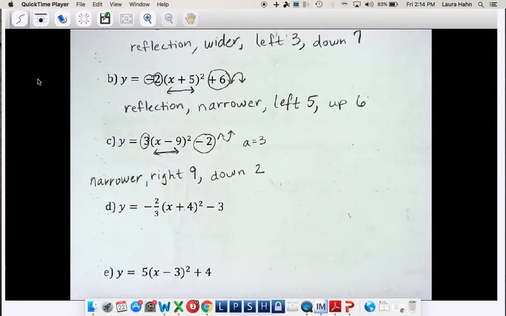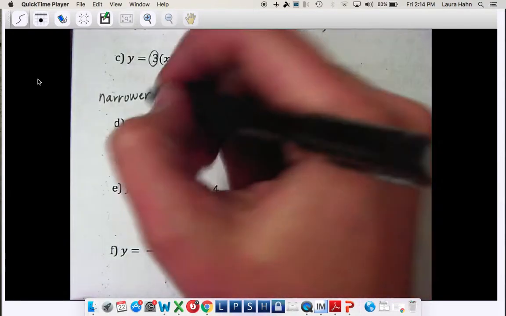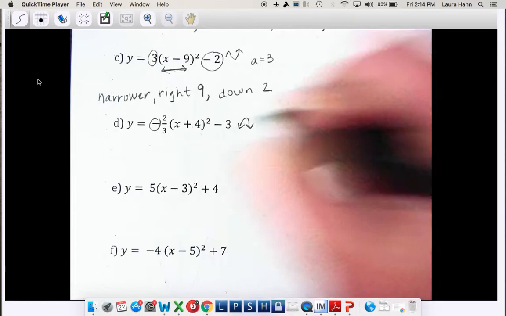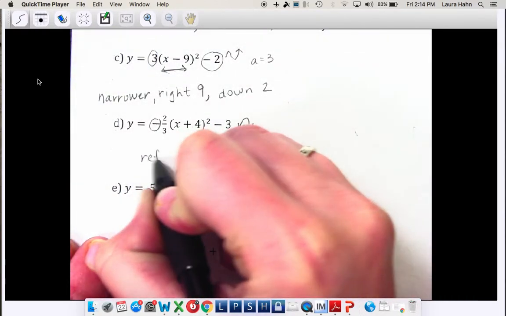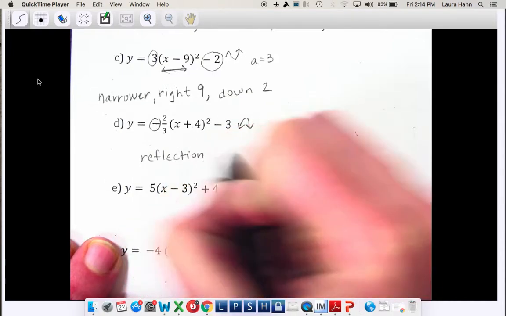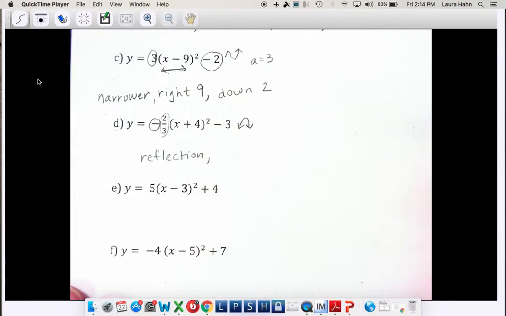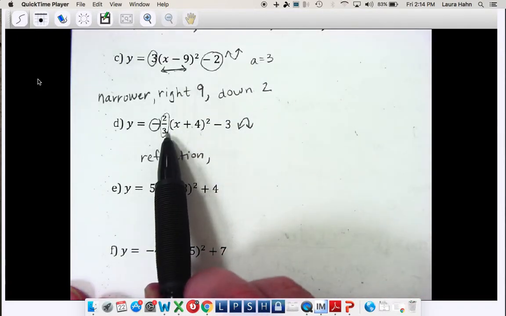I'll do one more with you, and then you can finish the rest on your own, and then we'll probably have a practice. So on this guy, I see a negative. Negative tells me that it's going to be opening down. Whenever it flips down, that's called a reflection. My A is a negative 2/3. Yes, the negative tells me it's a reflection, but 2/3 is between 0 and 1.